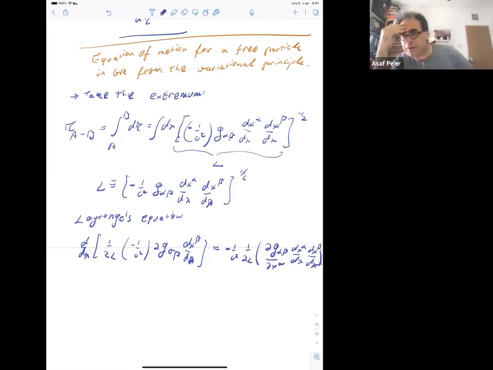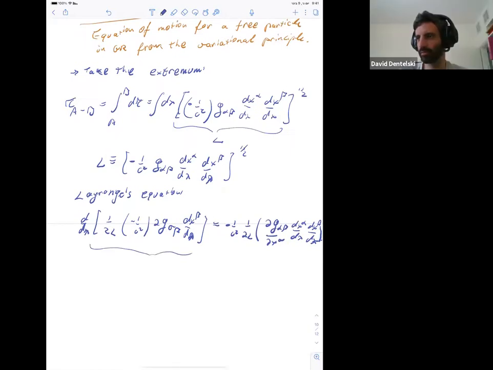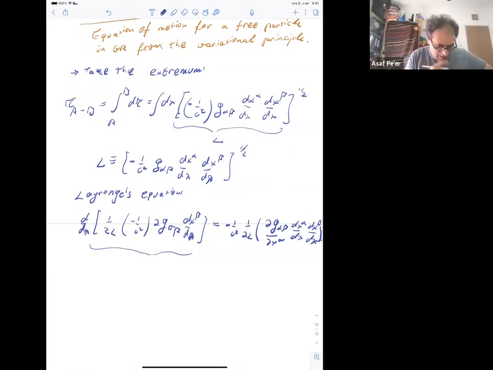This extra term comes from the fact that g may be a direct function of x. So again, I think it's plus 1 over c squared. Why should it be plus? I moved it to the other side.